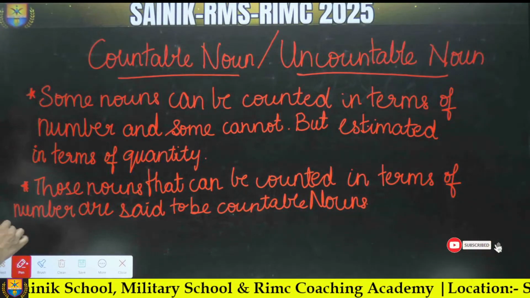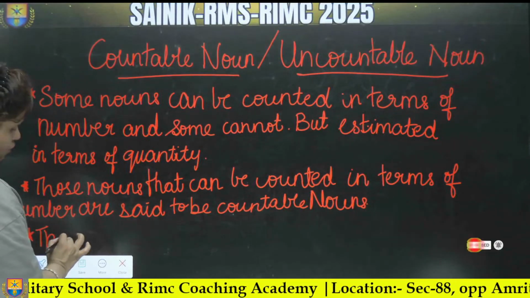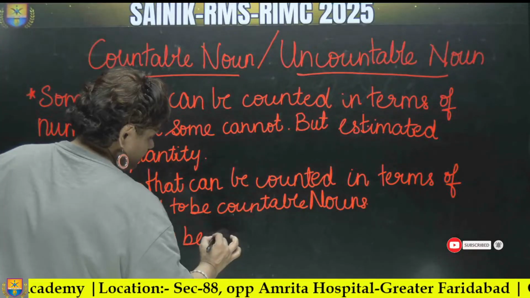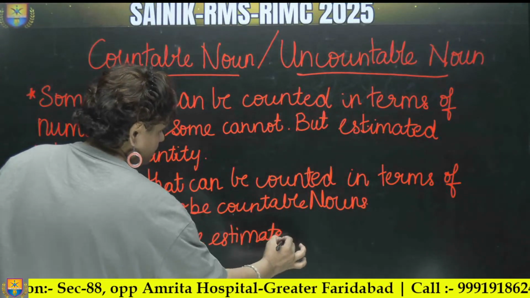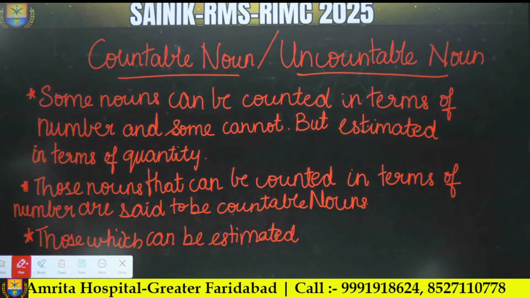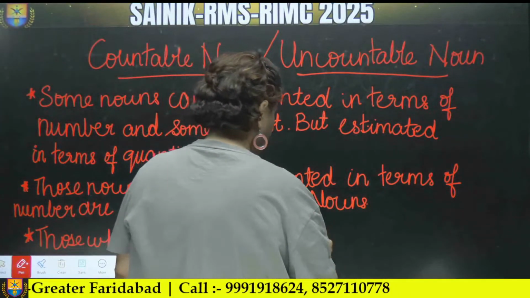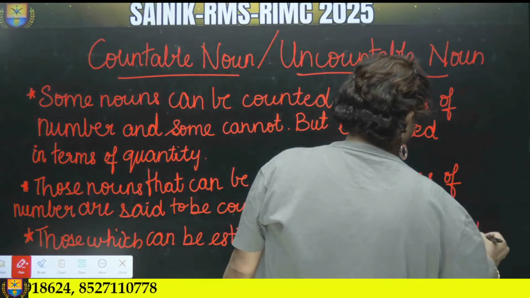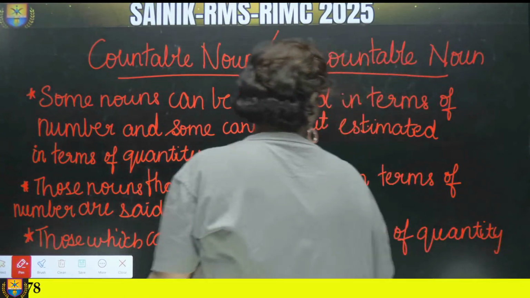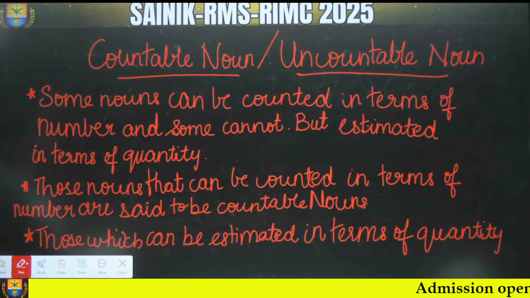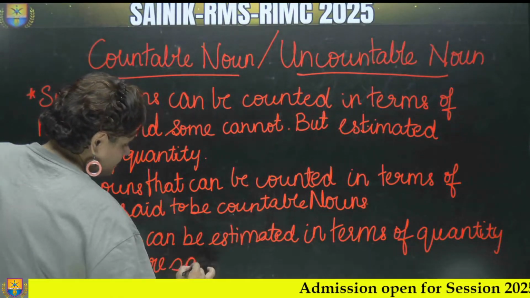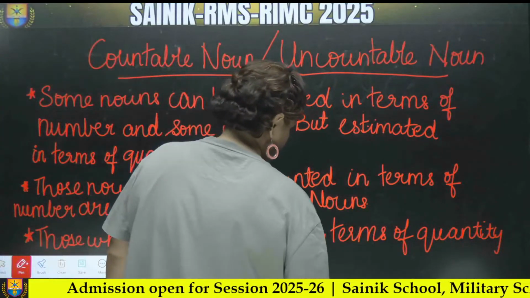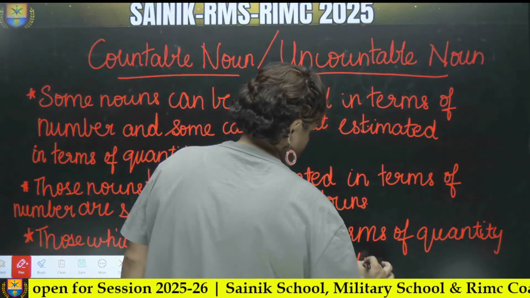Those which can be estimated in terms of quantity are said to be uncountable nouns.